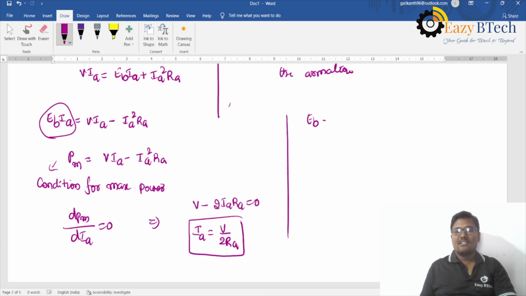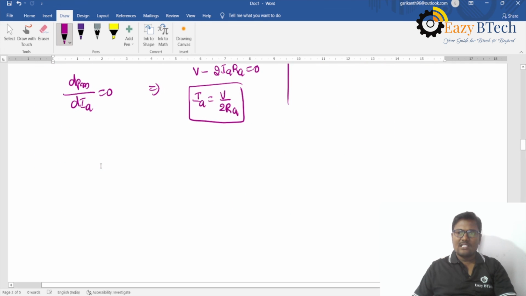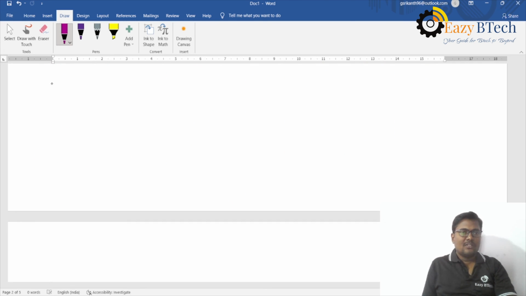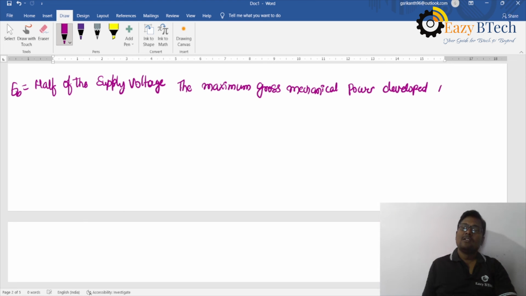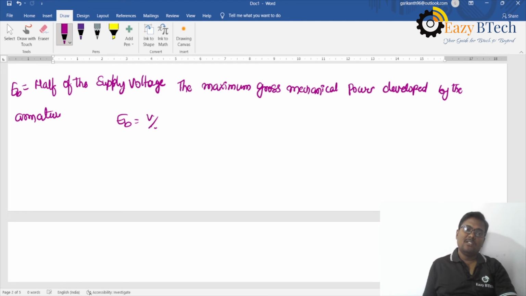Substitute in the back EMF equation Eb = V - Ia Ra, so V - (V/2Ra) × Ra. Ra cancels, and the back EMF is V/2. So when Eb is equal to half of the supply voltage, the maximum gross mechanical power is developed by the armature. This is very important: Eb = V/2.